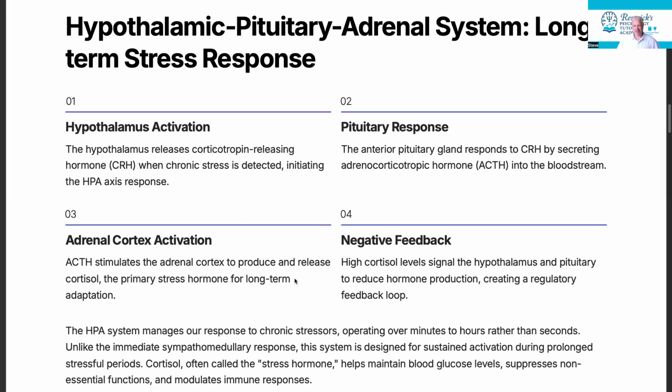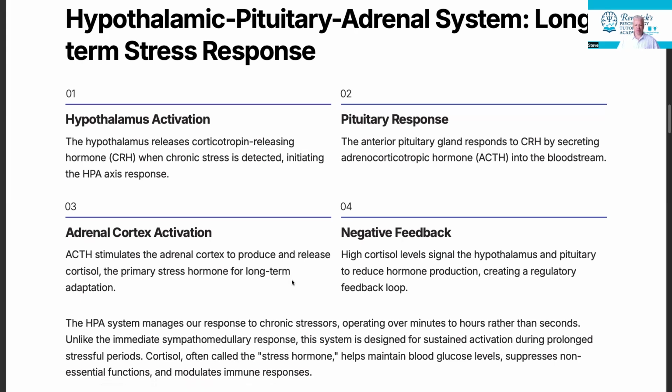So the HPA system, hypothalamic pituitary adrenal system, is our response to chronic stress over a long period of time. So cortisol is well known to be a stress hormone, and that helps to maintain blood glucose levels and suppresses non-essential functions, and also modulates immune responses.